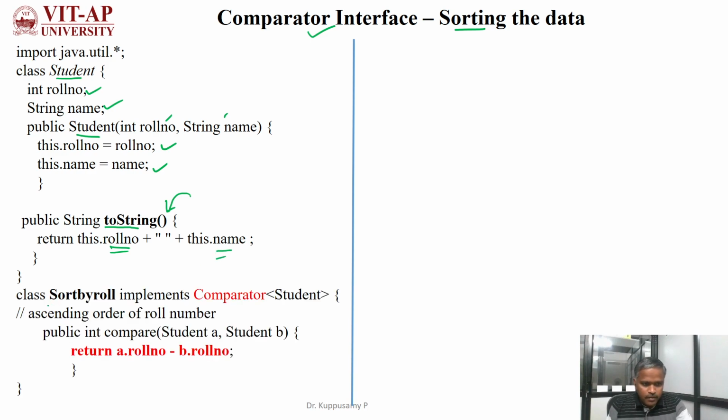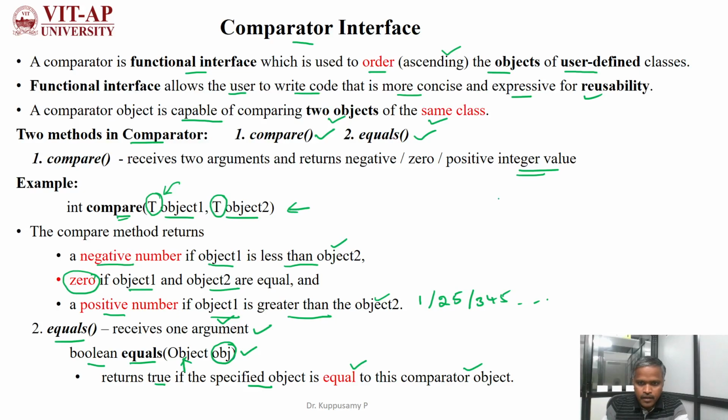And here I am defining one more class, SortByRoll, which implements the Comparator interface. So here the Comparator interface type is Student. This is the type variable Student, using the user-defined class name.